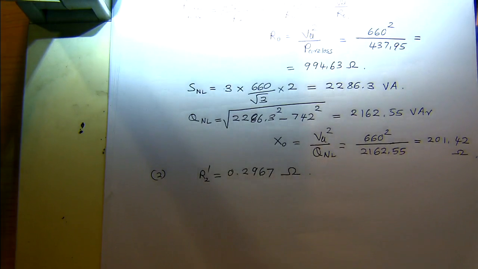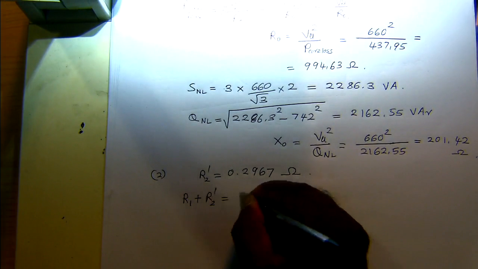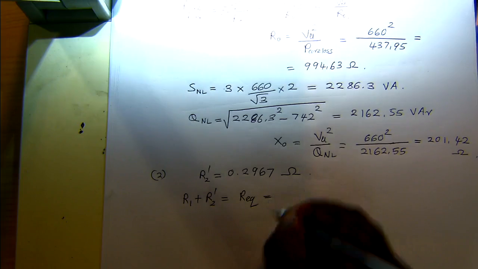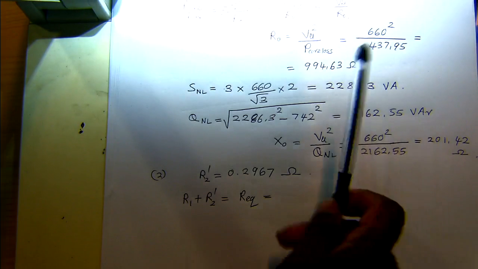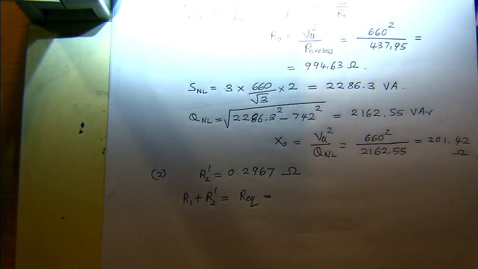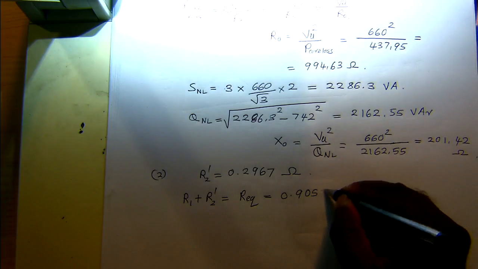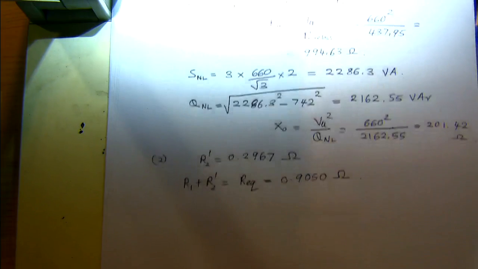And then the sum of R1 and R2 prime, that's REQ, we found previously to be 0.9050. So this was the REQ.